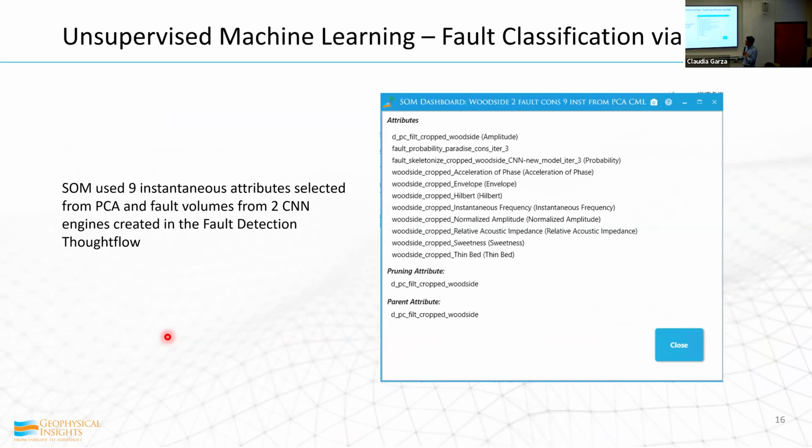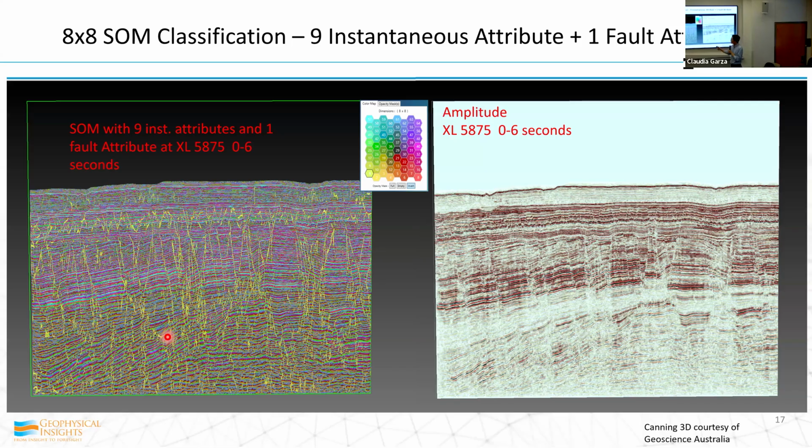So I calculated 9 instantaneous attributes, and I also calculated my fault probability using the Paradise AI fault detection software. I input all of those attributes together into a single self-organizing 2D neural map, and we project those attributes into this neural map, which is shown on this slice.